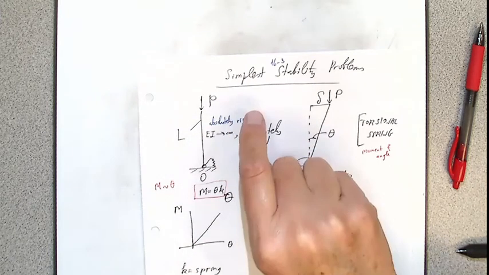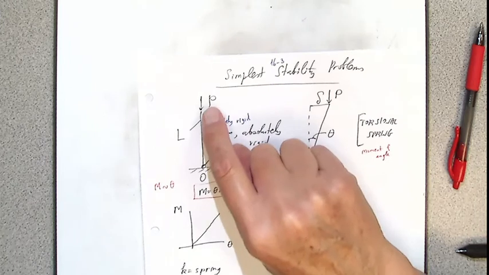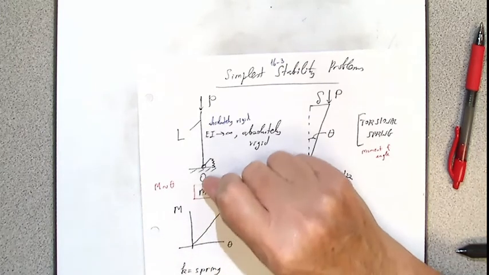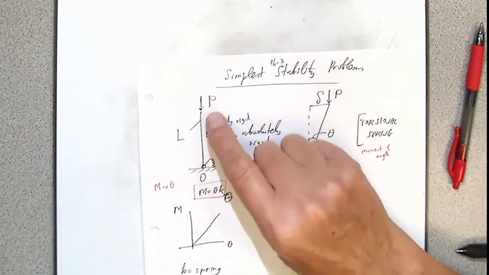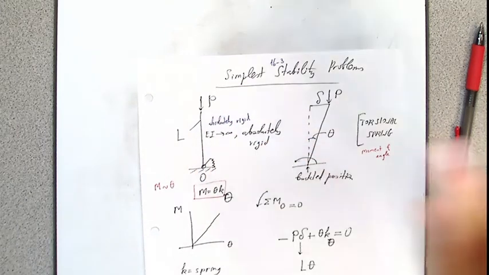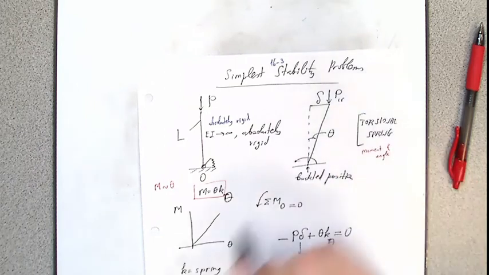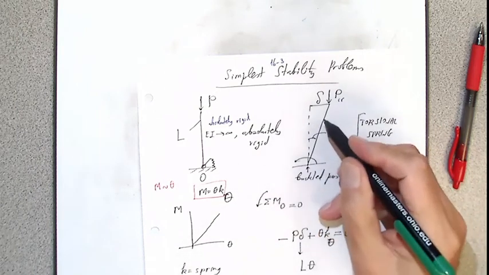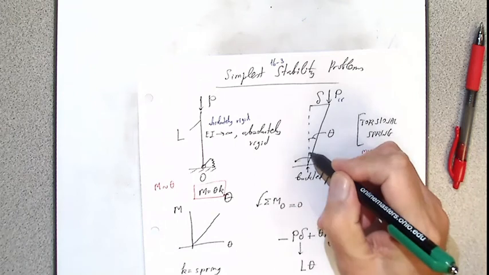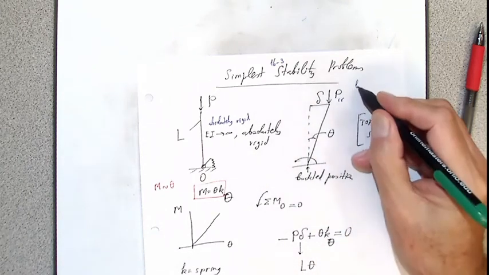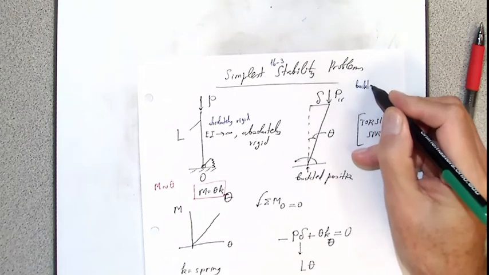We take out this kick and the beam again comes to the original position. There will be some time when I give the kick, when I increase the load sufficiently, and this load will be some critical value. Then this beam does not come back to the original condition. Okay, so I'm depicting this beam in the buckled state.